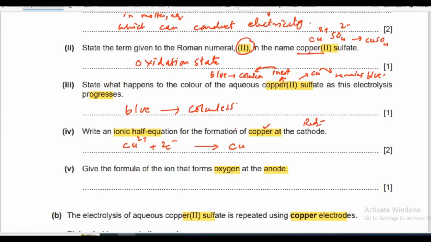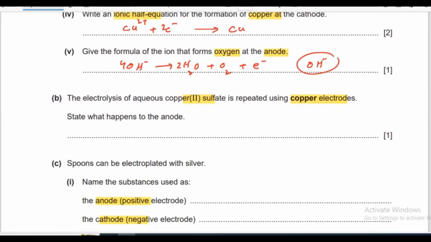Give the formula of the ion that forms oxygen at the anode. This is the equation: OH negative ions form water plus oxygen plus electrons, or you will get only the oxygen because water becomes part of the aqueous solution. So OH negative ions are responsible for the formation of oxygen at the anode.